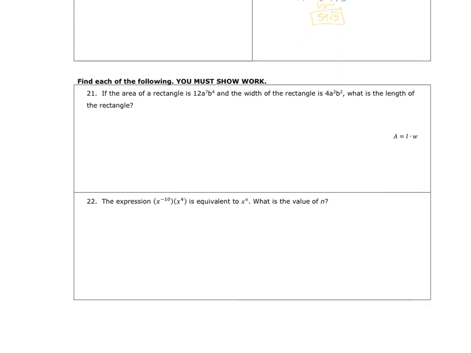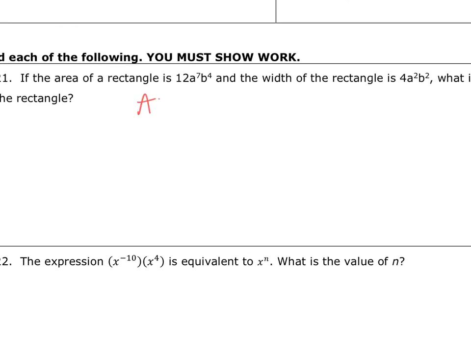Problem 21 tells me the area of a rectangle is 12A^7B^4, the width is 4A^2B^2. What is the length? They give me the formula right here, so I'm going to plug in what I know. Area equals length times width. My area, it tells me, is 12A^7B^4.